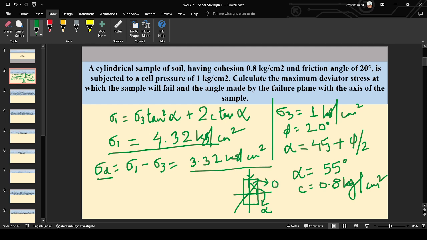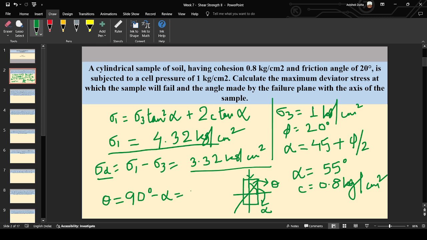Suppose this is theta. So, theta, the angle made by the failure plane with the axis of the sample, will be simply 90 degree minus alpha. So, alpha is 55 degree.